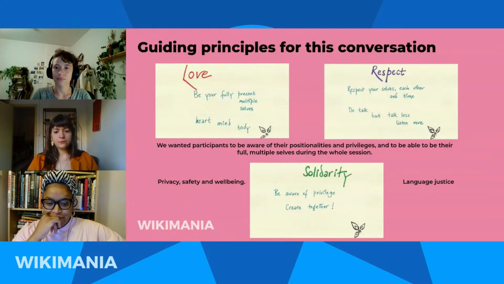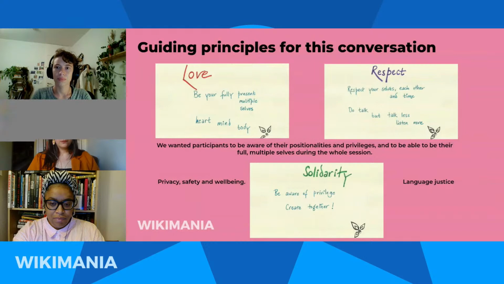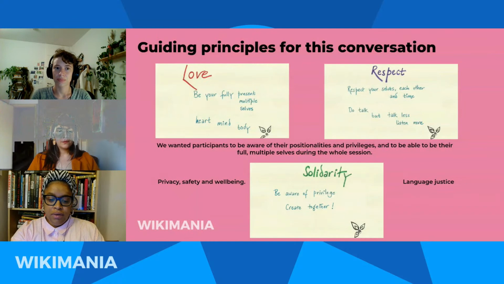For having this deeply political conversation, at the Wikidata pre-conference, we set the conversation based on guiding principles that are love, respect, and solidarity, because we wanted participants to be aware of their positionalities and privileges, and to be able to be their full multiple selves during the whole session.